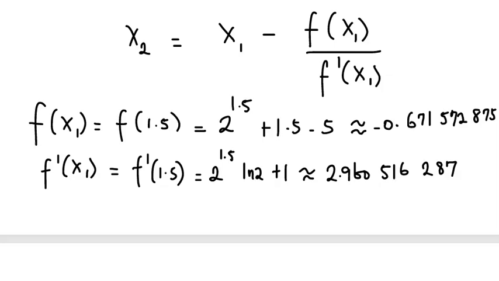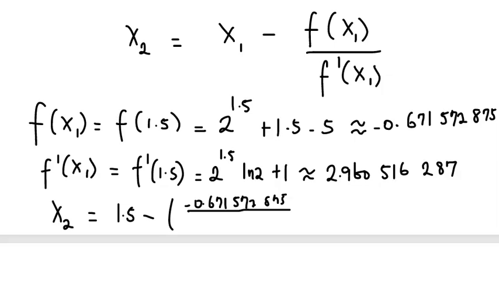So we're going to substitute now. So we get x of 2 is going to be equal to x subscript 1, which is x of 1. So that is going to be 1.5. Then minus f of x of 1. So that is, let's put in brackets, negative 0.671572875. So divided by f prime of x subscript 1.